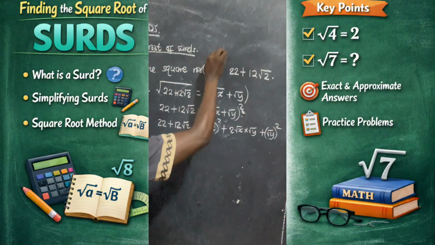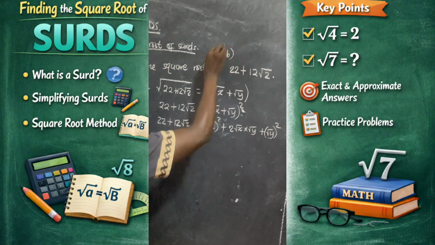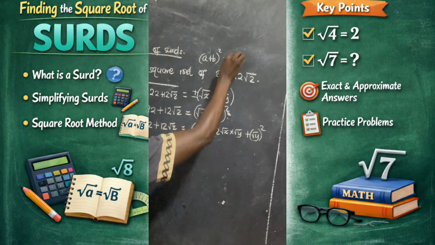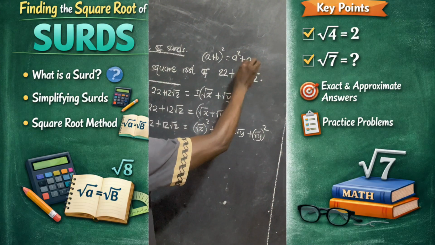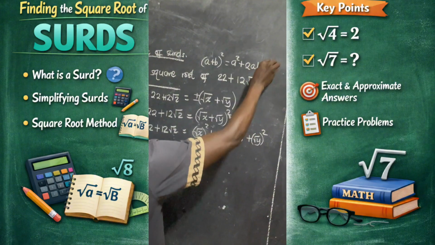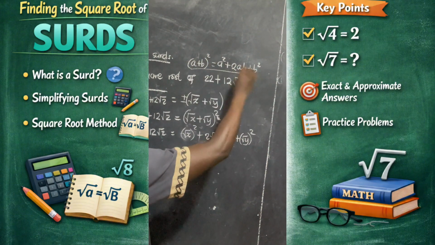If a learner remembers something like this, then it becomes very easy. This is a plus 2ab plus b squared. It is what I'm following to expand.